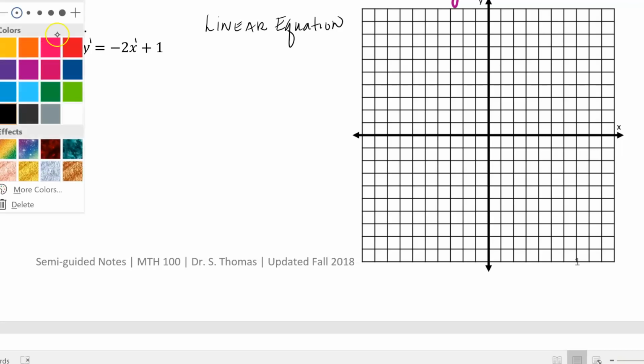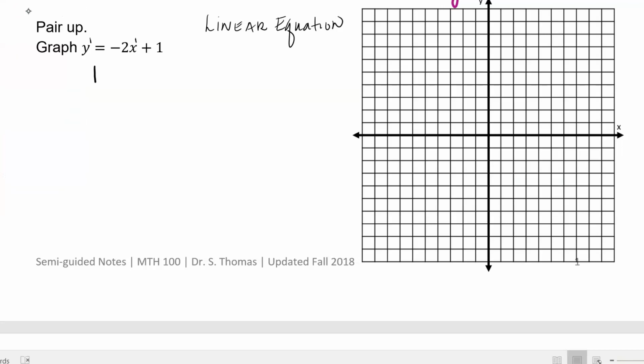So let's begin. I'm going to create a t-table, as they call it, but I'm going to extend my t-table just a little. We normally put x here, and we decide on numbers that we want to plug in for x so that we can get the corresponding y.